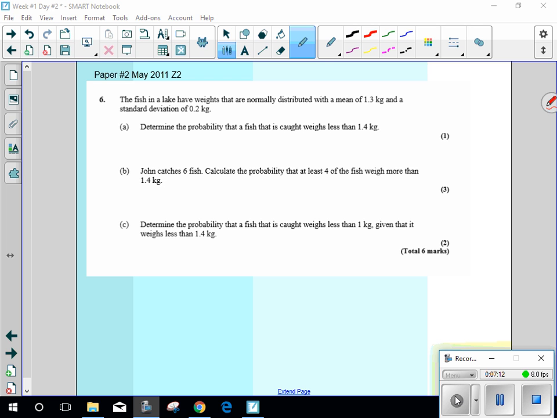Okay? We're going to look in this one, we're going to take fish. It's normally distributed, so we're going to use our calculators for this. The mean is 1.3 kilograms, and the standard deviation is going to be 0.2 kilograms.